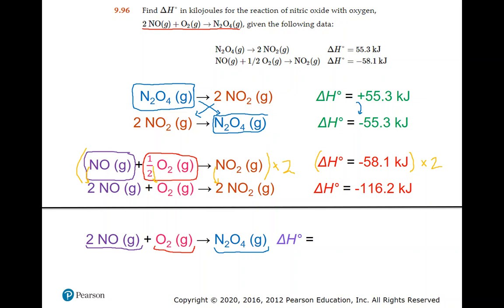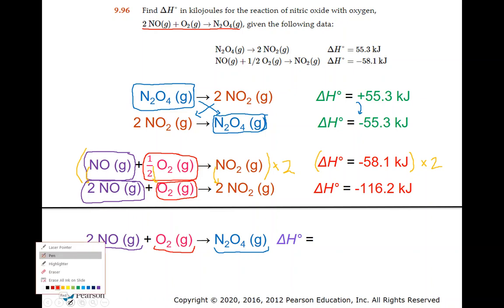So we have 1 mole of N2O4 over here. We have 2 moles of NO2 gas here. 1 mole of oxygen gas here. And all of those things are present on the correct sides of those equations in the correct amounts to give us what we have at the bottom.